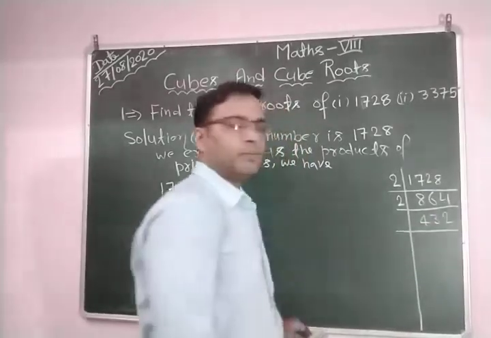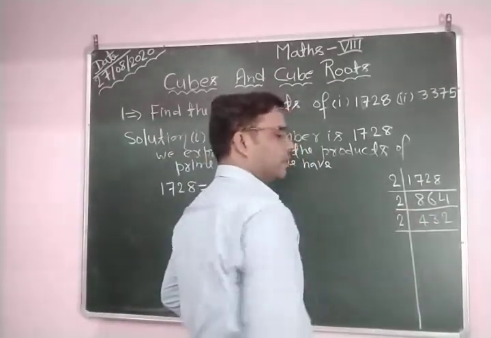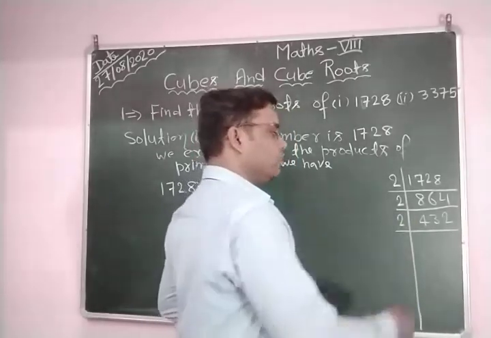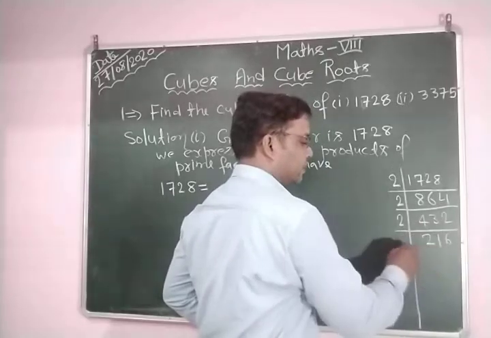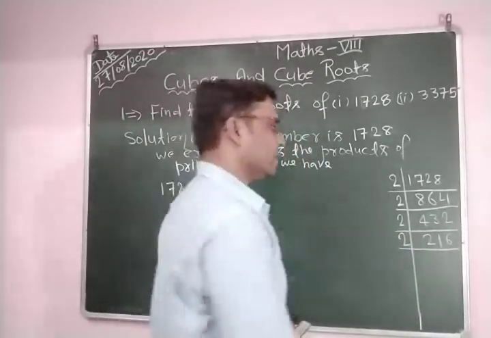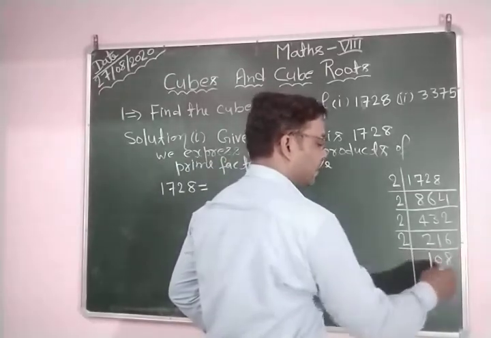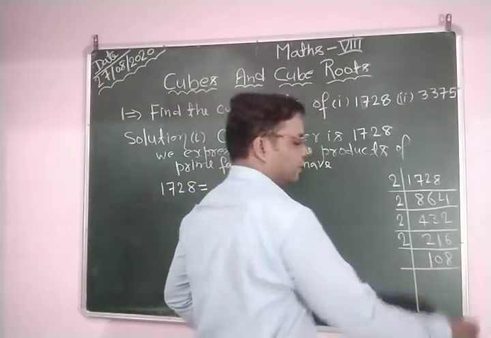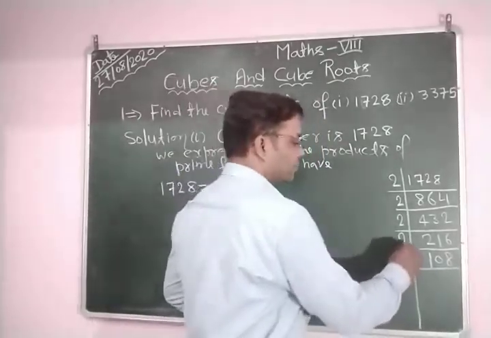Again this number is also divisible by 2. If you divide 432 by 2, you obtain the quotient 216. Again this number is divisible by 2, and we obtain 108. This 108 is the new dividend, and we take 2 again.